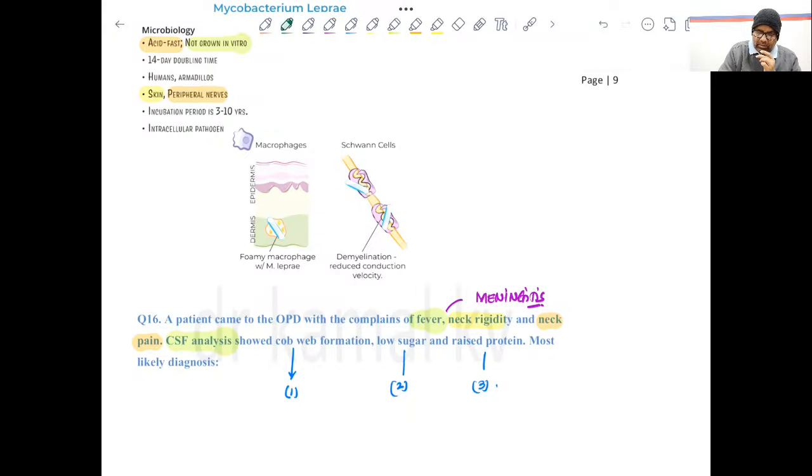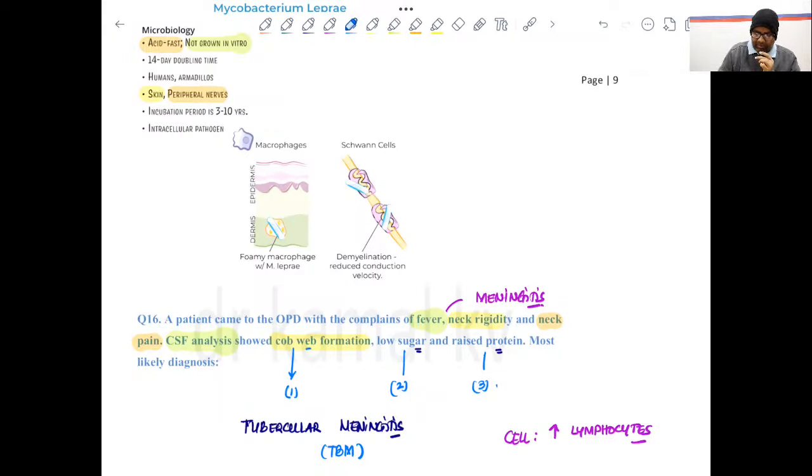Now the moment you get the word cobweb formation, straight away you can make your answer as tubercular meningitis. Clear? Sugar is always less, proteins is always high, and if you go for cell analysis, there will be raised lymphocytes. Clear? So this is tubercular meningitis, TBM.